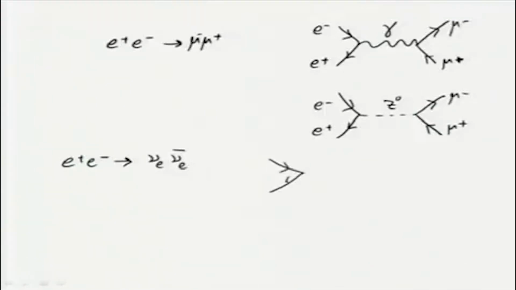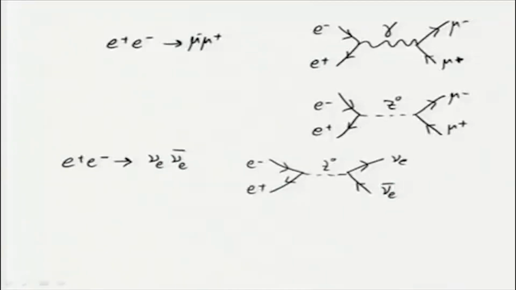But in weak interaction, it is possible to have production of Z boson or exchange of Z boson between nu e and nu e bar. Well, rather than exchange, here one can think about production of Z0 which decays to nu nu.